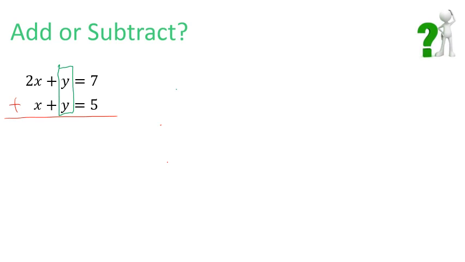So I add down the equations, 2x plus x, 3x, y plus y, 2y, 7 and 5 is 12. So I haven't eliminated either variable here. They're both still there. So let's try subtracting. 2x minus x, 1x. Y minus y, that just cancels out to be 0. 7 minus 5 is 2.